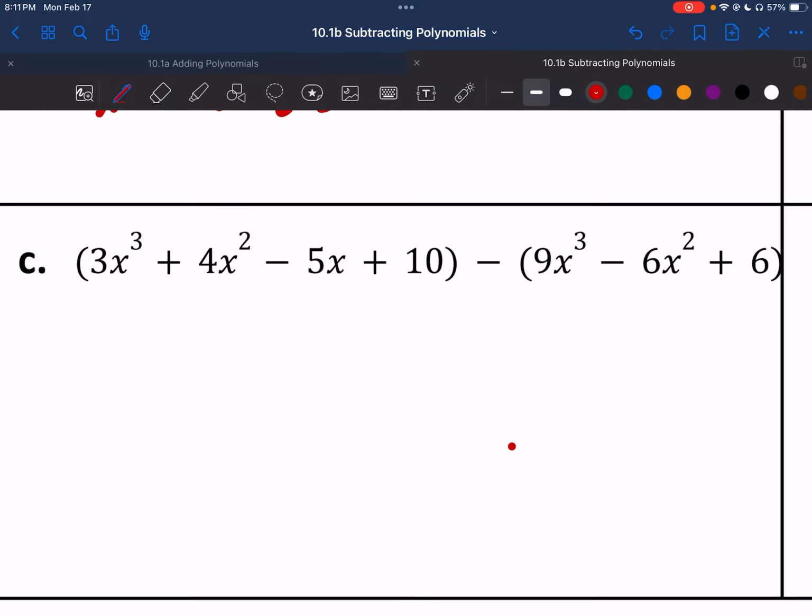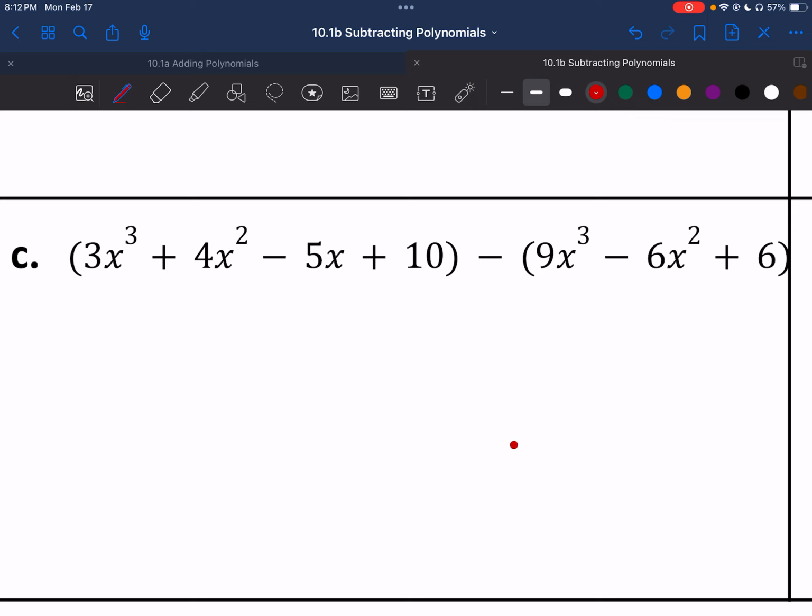All right, letter C. We have 3x cubed plus 4x squared minus 5x plus 10 minus the quantity 9x cubed minus 6x squared plus 6. So we start off, we are adding the inverse, so negative 9x cubed.